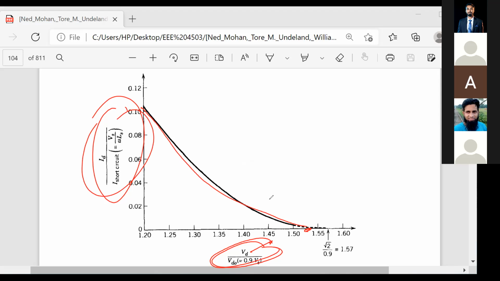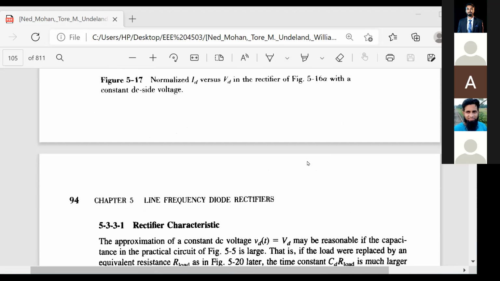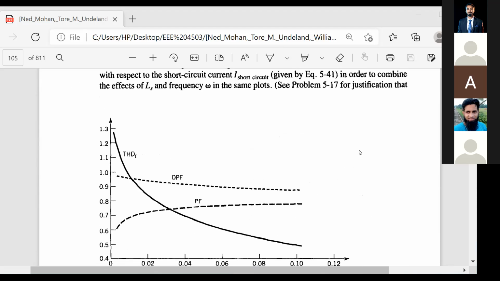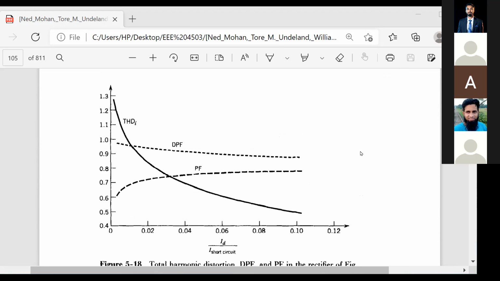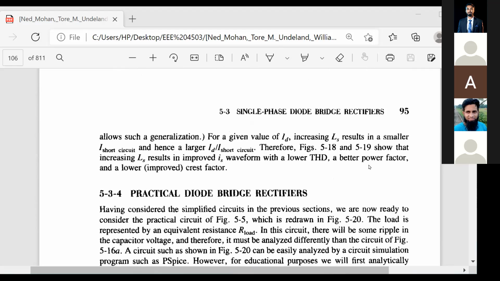I did not study much about this one. You study it. And it is not difficult. If you don't understand, of course I can help you. So these are the rectifier characteristics. You try to understand this one: total harmonic distortion, reflection power factor. They have plotted all these things.